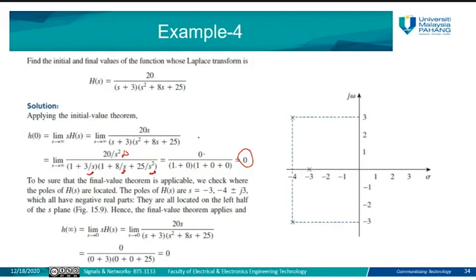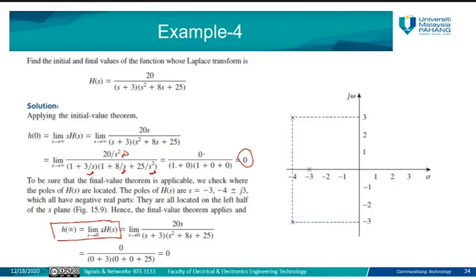The same will be done with the final value theorem. The final value theorem says h of infinity is equal to the limit as s goes to 0 of s times H(s). That means each s in the function will be replaced by 0.